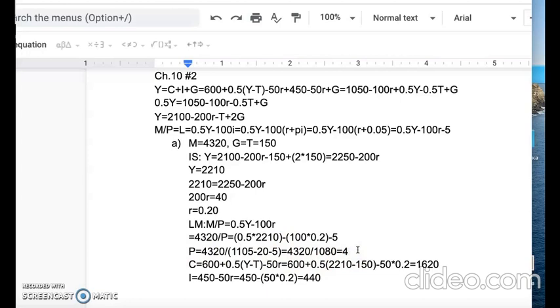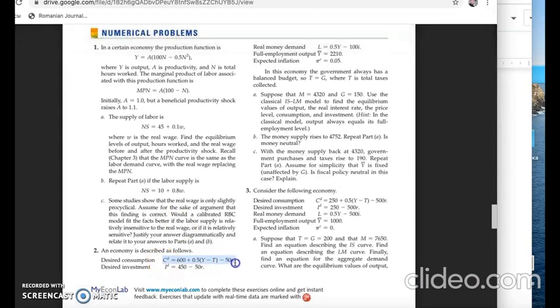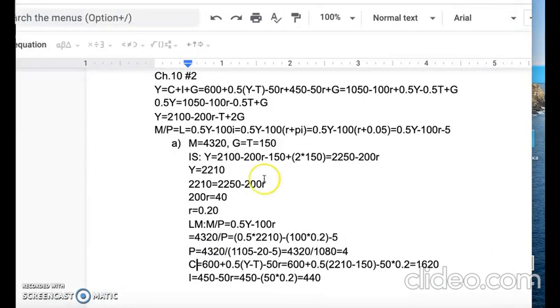After that we can find the consumption and investment using the given formulas, and we again use all the known values. We get that consumption is equal to 1,620, and investment is 440.